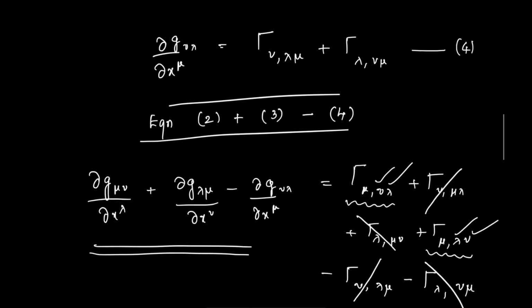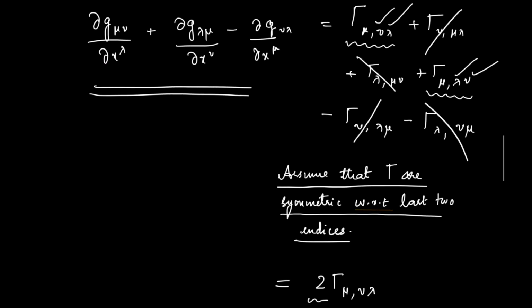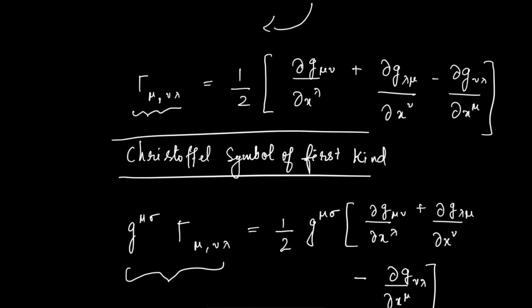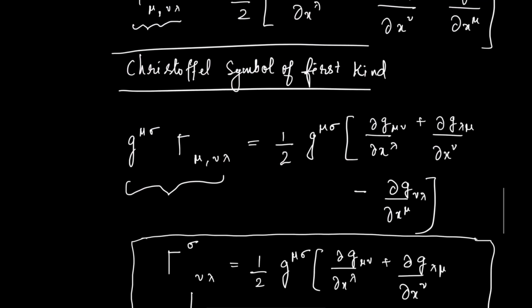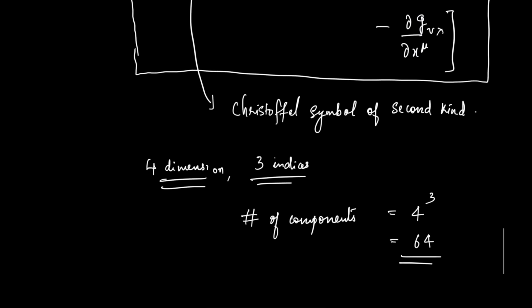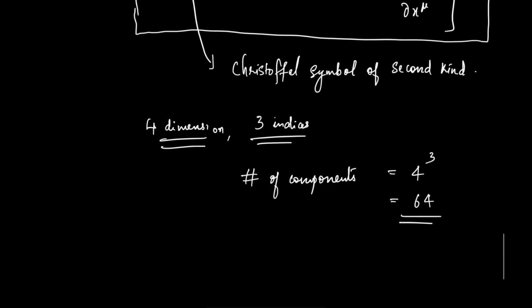Then equation 2 plus equation 3 minus 4, rearranging, adding and subtracting, we will get relation between the Christoffel symbol of first kind and the fundamental metric tensor. Then multiplying the Christoffel symbol of first kind with the contravariant fundamental metric tensor, we get the Christoffel symbol of second kind, which can be written in terms of the fundamental metric tensor. In 4 dimension and 3 indices, the number of components will be 4 raised to 3, that is 64 components.